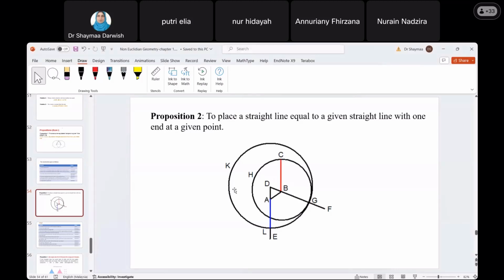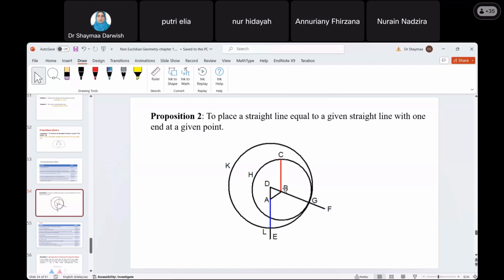This proposition states that you can draw another segment AE, equal in length to CB, which means that from any point, I can draw a segment equal to a given segment.